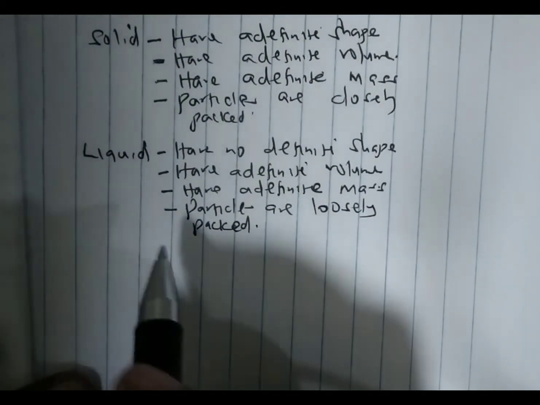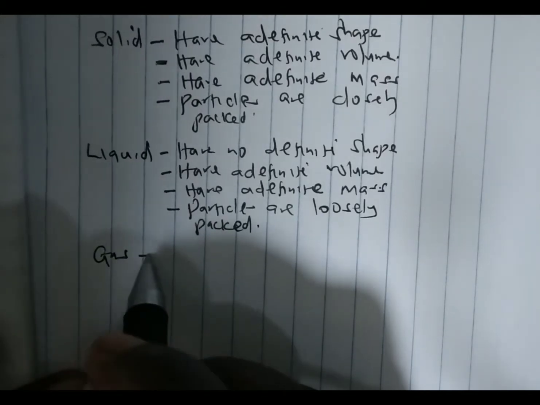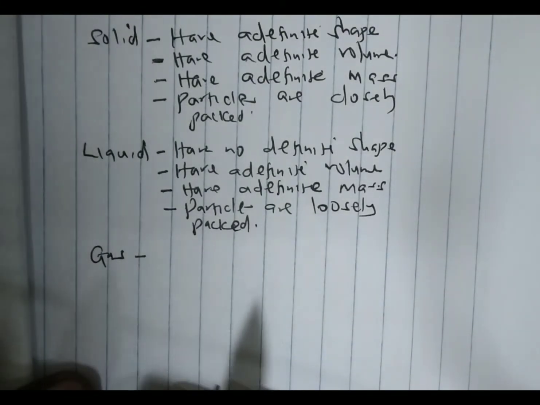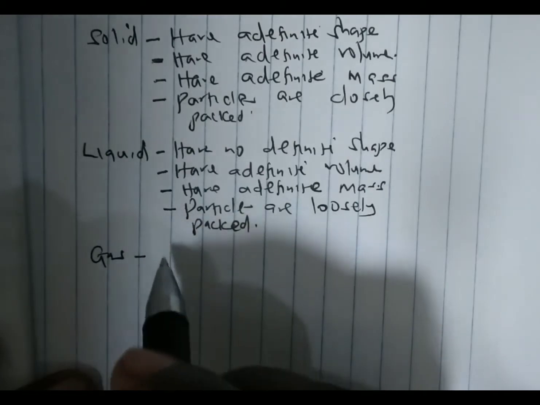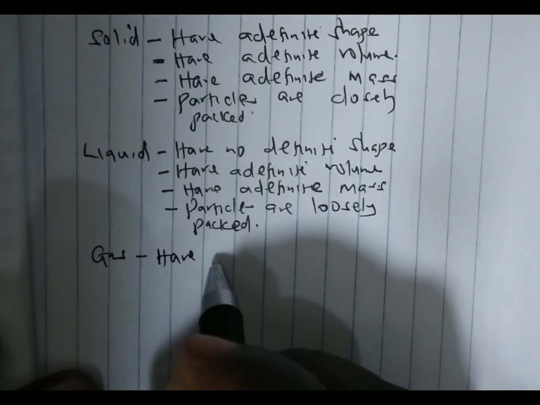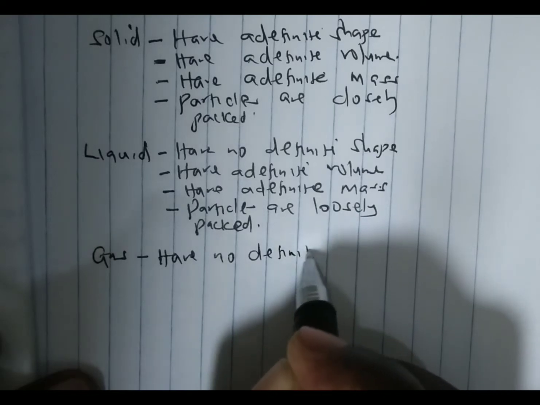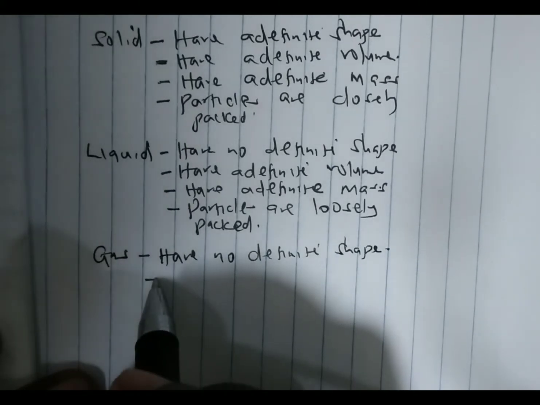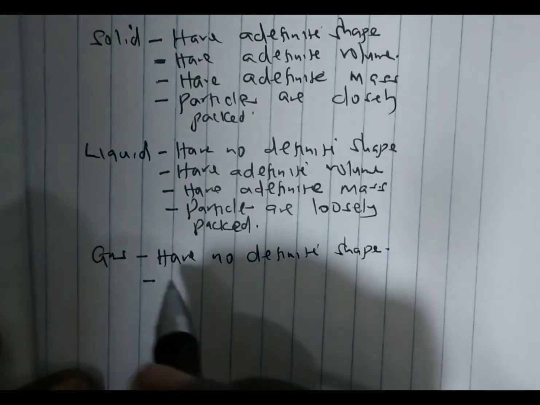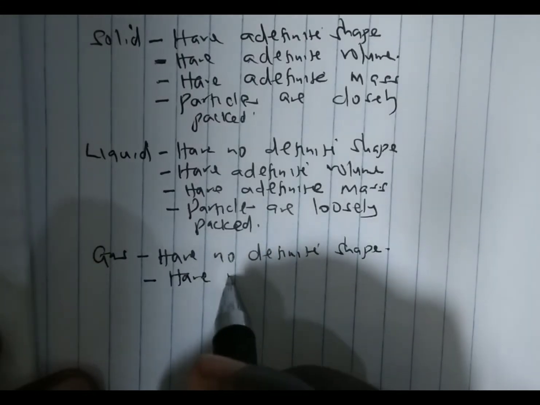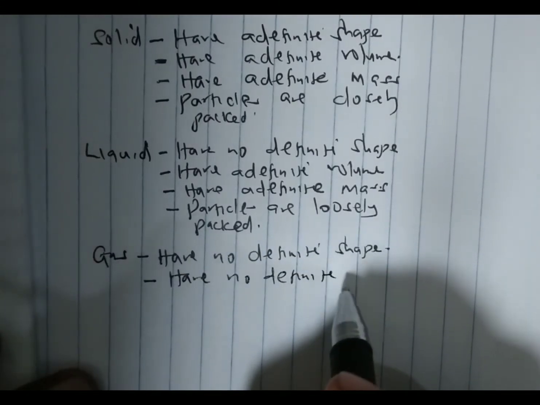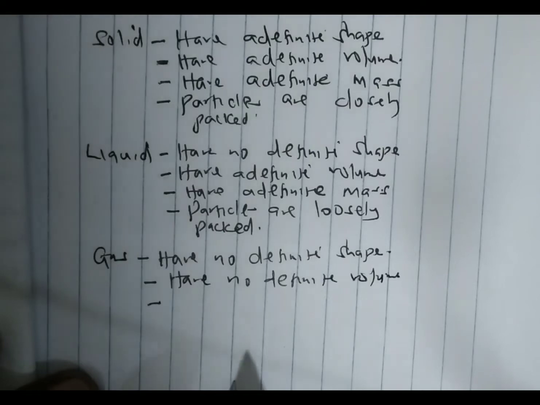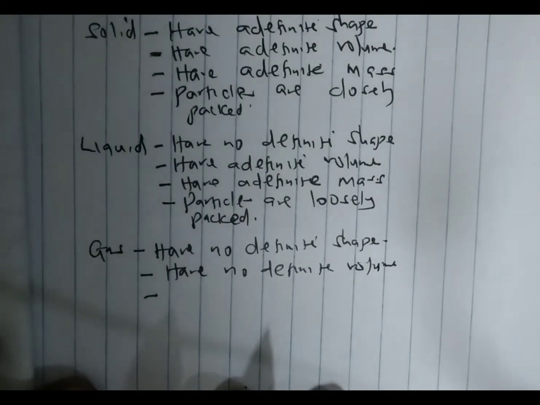The next state of matter is gas. Let us look at the properties of gases, or the properties of matter in gaseous state. 1, just like liquids, gases have no definite shape, i.e., they take the shape of the container. 2, gases have no definite volume because when gases are heated they expand, and when you cool them they contract.